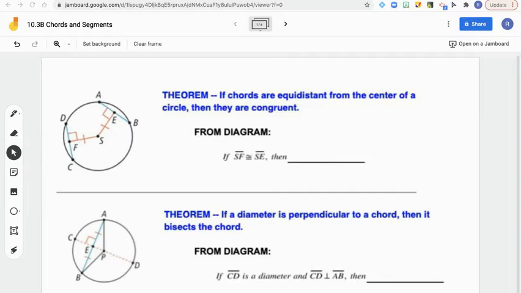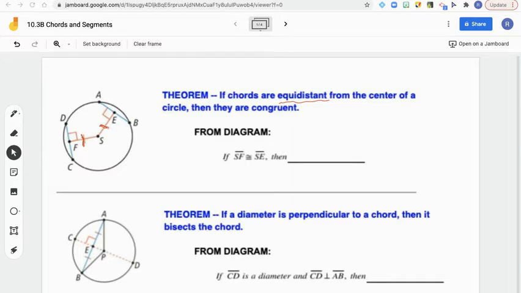So the first theorem that we see here on this page states that if chords are equidistant, the same distance from the center, then they will be congruent. If they're the same distance, then they're the same length.